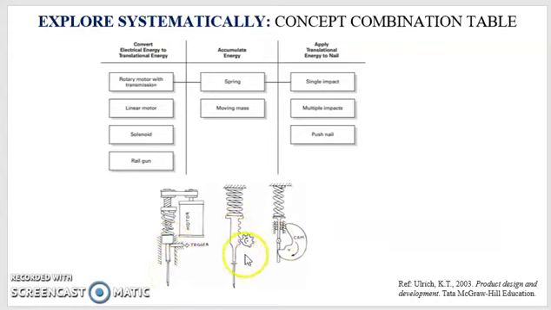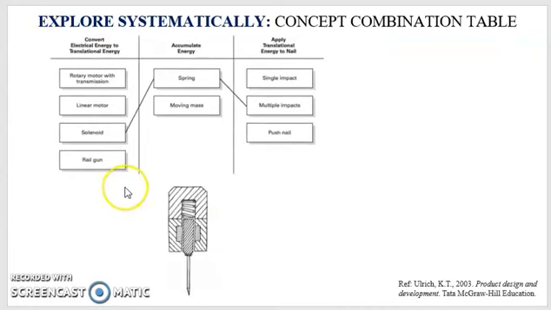The motor can be directly coupled to the spring shaft or can be connected via a gear or an intermittent motion device such as ratchets or cams. This is another solution concept in which a solenoid compresses the spring and then releases it repeatedly in order to drive the nail with multiple impacts.